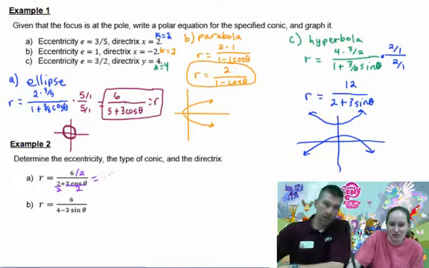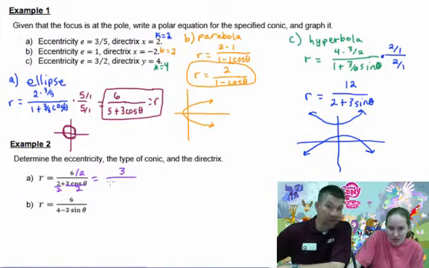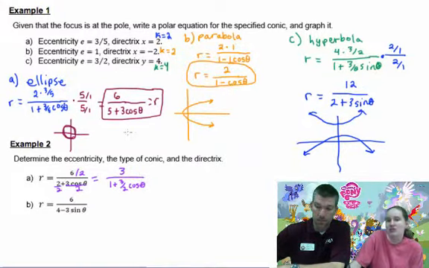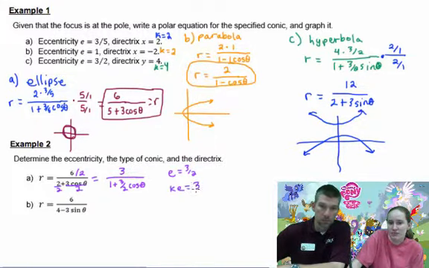Okay, anyway, but again we're multiplying by 1, which makes it all legal mathematically. So we know 2 things from this. We know that e is 3/2. And then we know that the top equals ke, so we can plug in that 3/2.